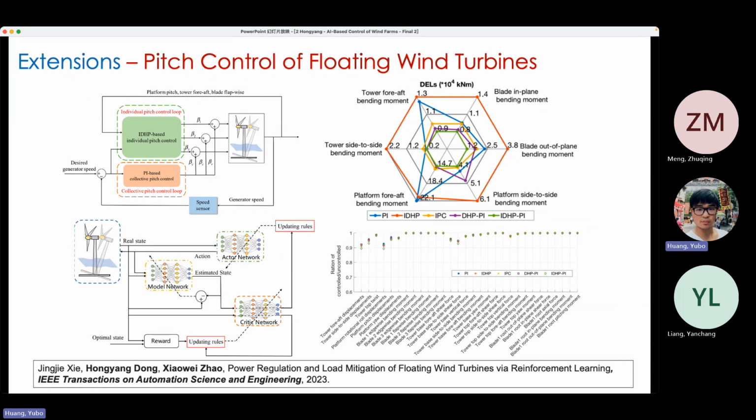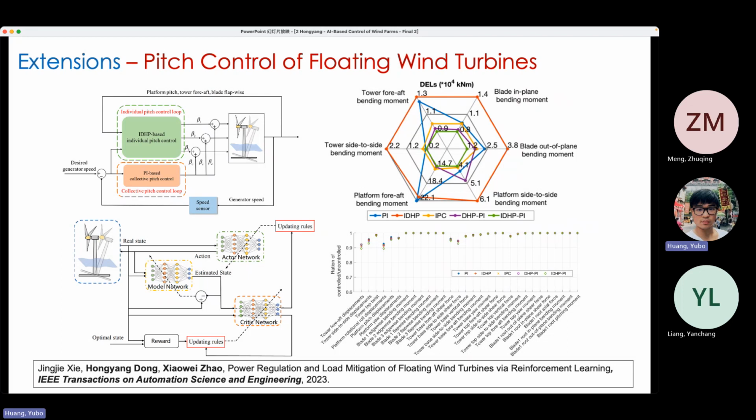Here we aim to handle two different objectives. The first one is, of course, power regulation, and the second one is load reduction. Here we use a model-based reinforcement learning method, and I believe this spider figure can clearly show the result of our method. Those are different bending moments.